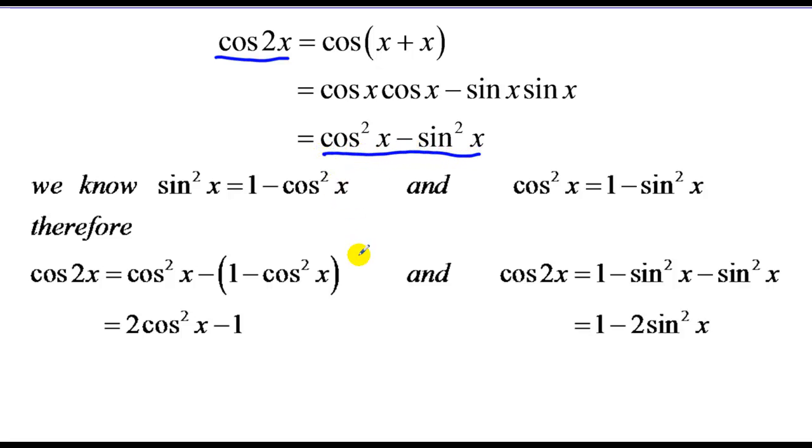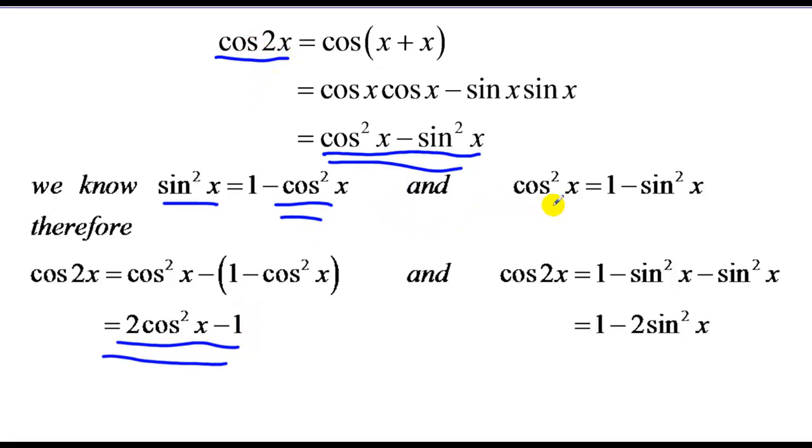But because we have Pythagorean identities as well, we could make a substitution for sine squared and call that 1 minus cosine squared and get a second formula. So not only does cosine of 2x have a formula of cosine squared minus sine squared, it also has another identity: 2 cosine squared minus 1 is equal to the cosine of 2x.